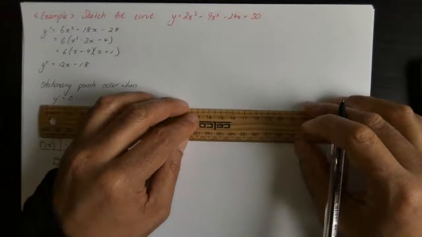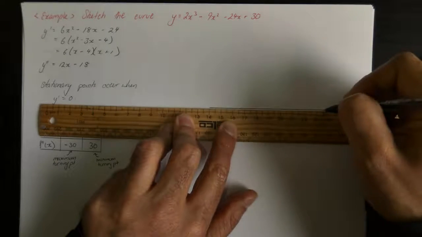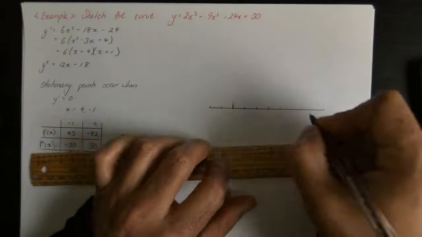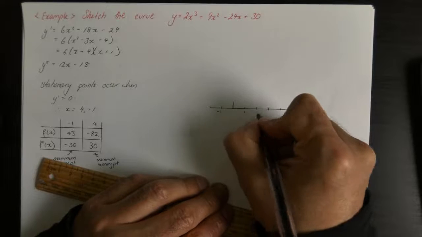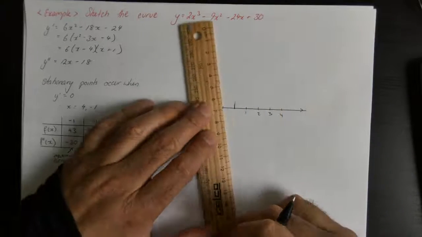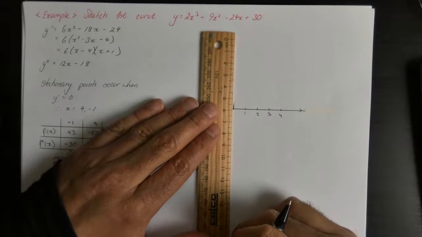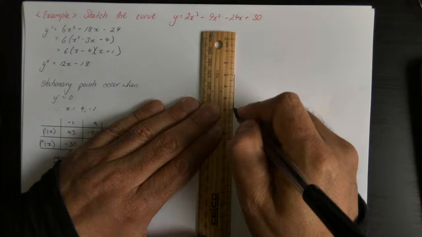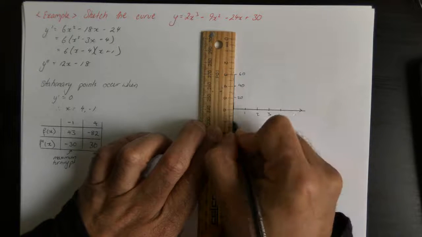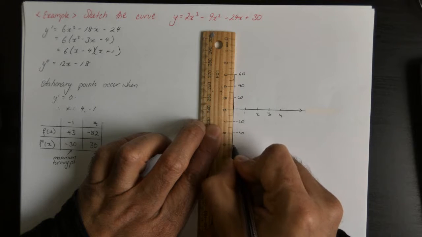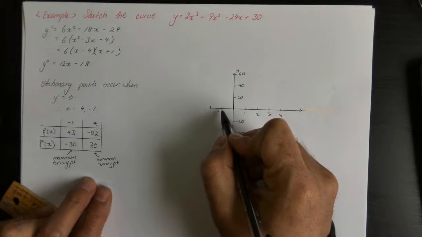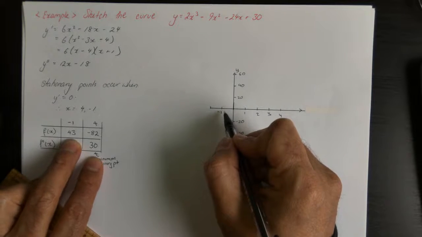So if I was to sketch that, negative 1, 1, 2, 3, 4. Okay, so at negative 1, y equals 43.